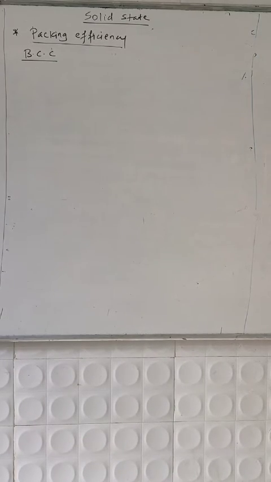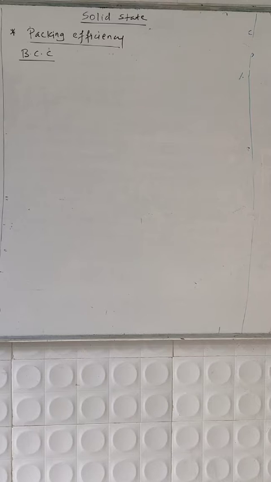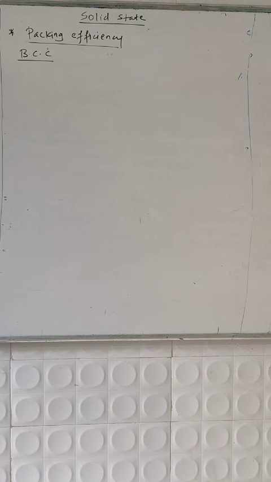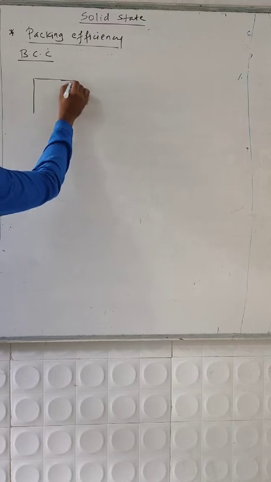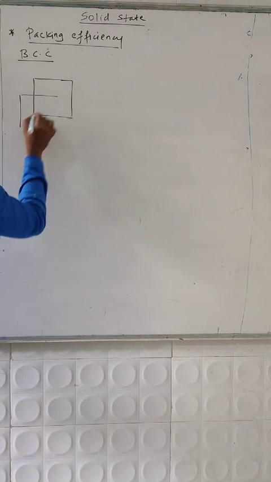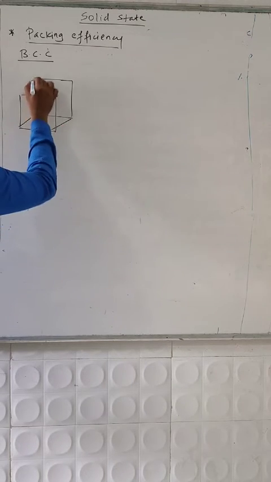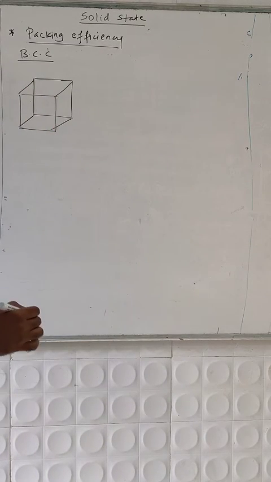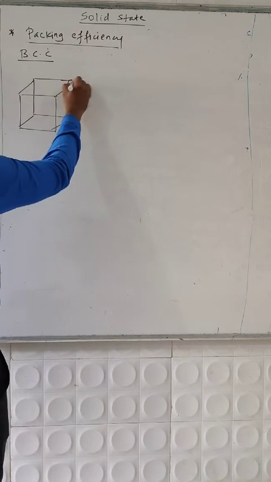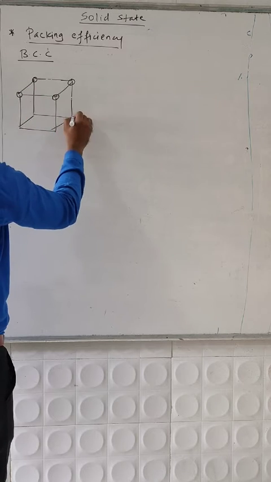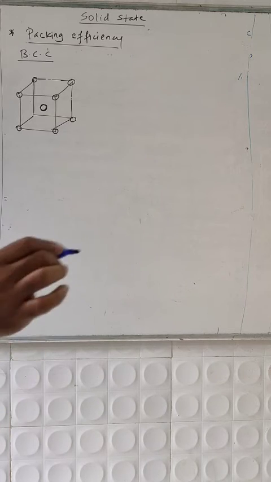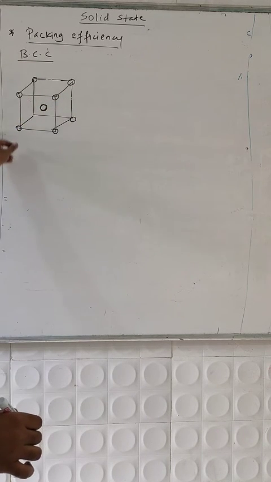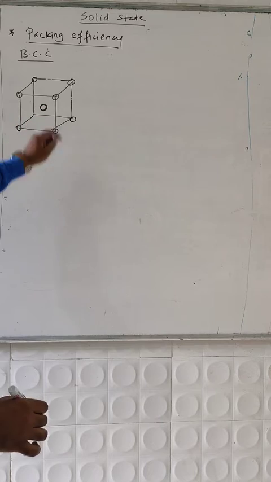Now next we will calculate the packing efficiency of body-centered cubic structure, that is BCC. Here in body-centered cubic structure, atoms are present at the 8 corners, and one atom is present at the center.